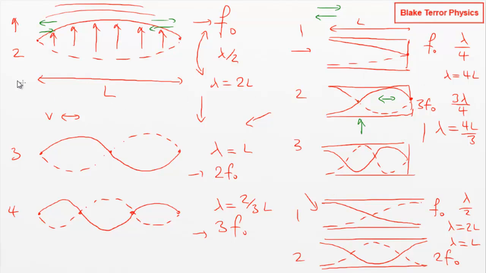Getting used to this pattern of drawing out, just adding extra nodes in order to go through all of your different harmonics, it's pretty straightforward once you've done it a couple of times. So don't let all of this stuff scare you off what is actually quite a nice self-contained, before you go off to university at least, a nice self-contained and relatively straightforward topic.